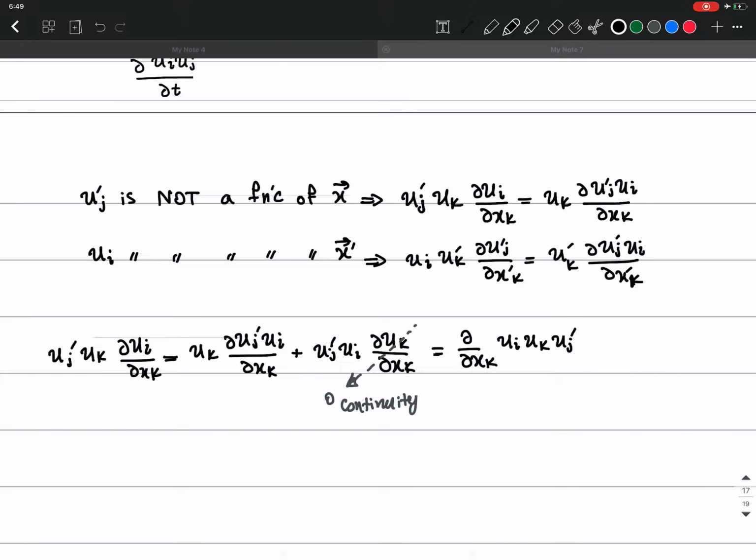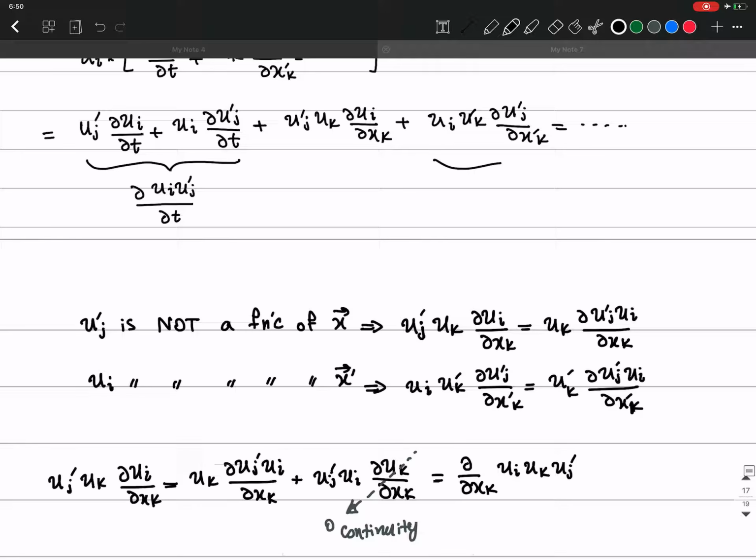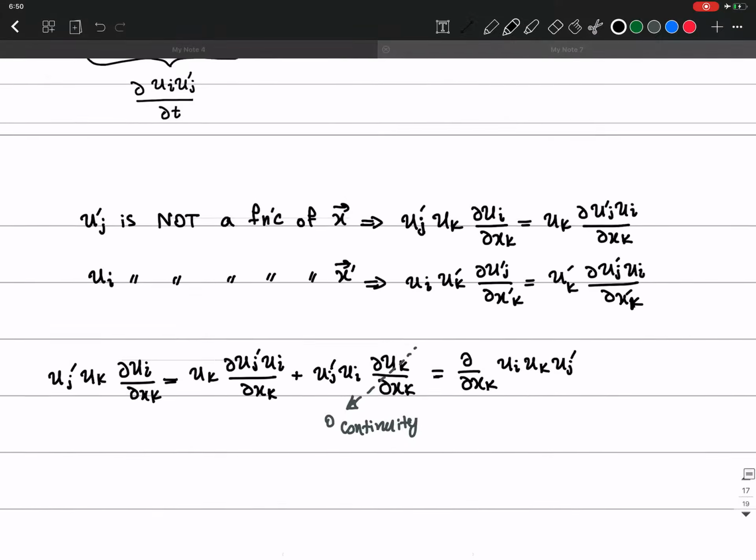And similarly, you get it for this term too. So this term is going to be this, similar to that.